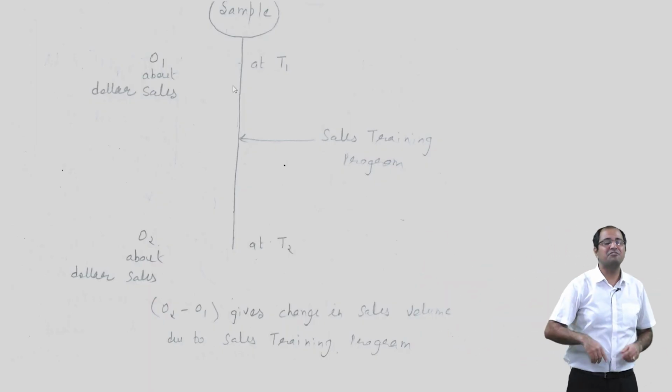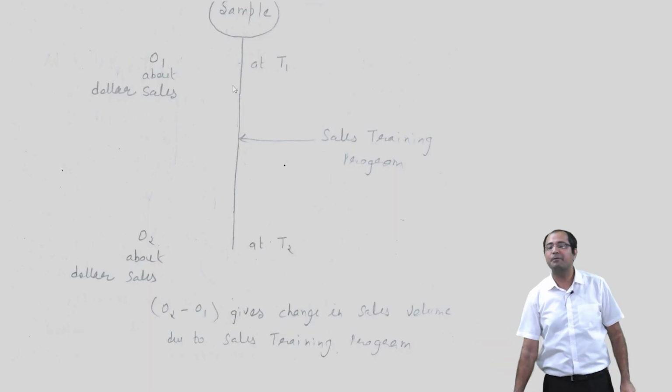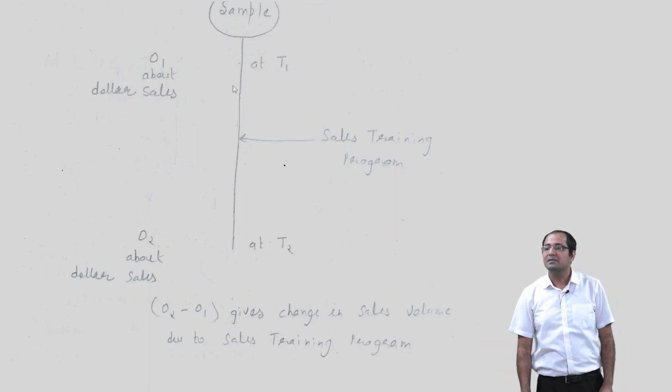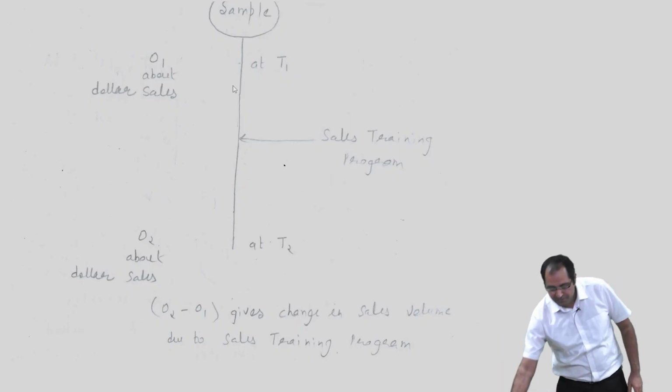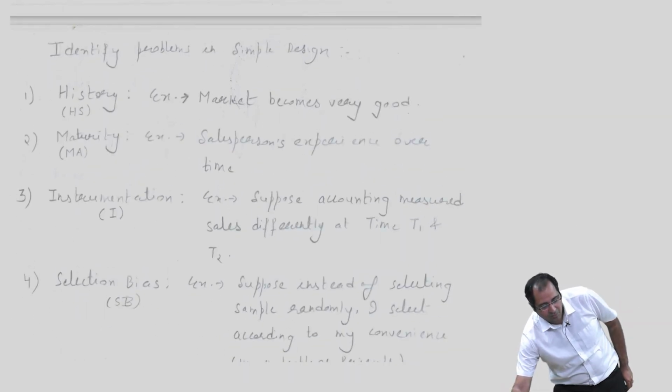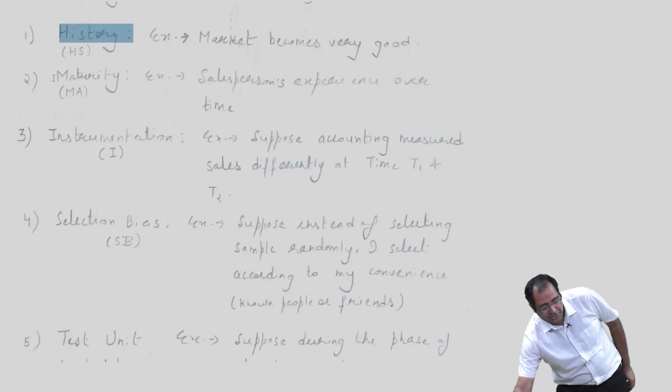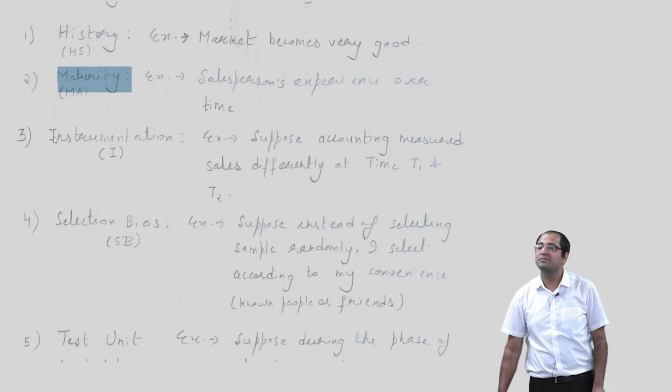So if one would have selected top performing or bottom performing salespeople, then the change could have been because of statistical regression. So these are the five: history, maturity, and so on. There is one more called instrumentation.